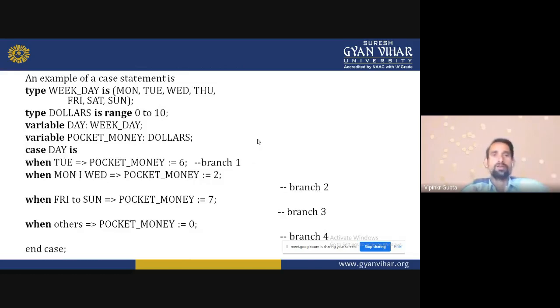Variable day of type big_day. Variable pocket_money of type dollar. Case day: when Tuesday, pocket_money is equal to 6. That is one case. When Monday and Wednesday, pocket_money is equal to 2. When Friday, Saturday, Sunday, pocket_money is equal to 7. When others, pocket_money is equal to 0. So these are the different branches we can define.